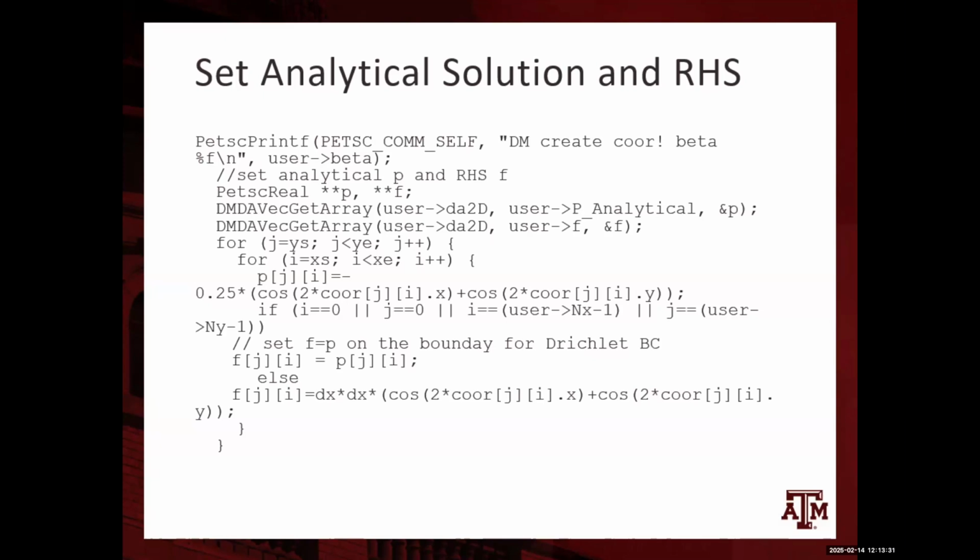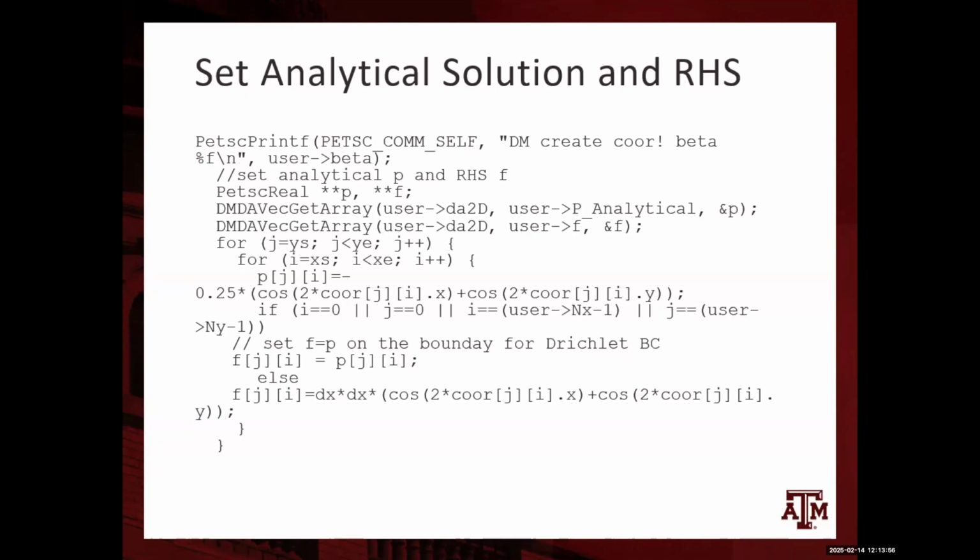And then we are setting P[J][I]. Because these are 1D, there's no component. These are just PETSc real type, and we're setting this equal to this.